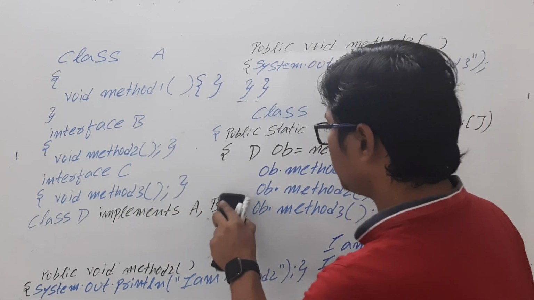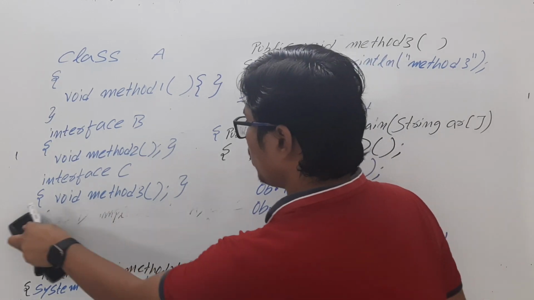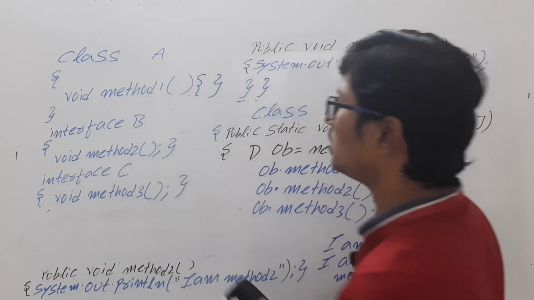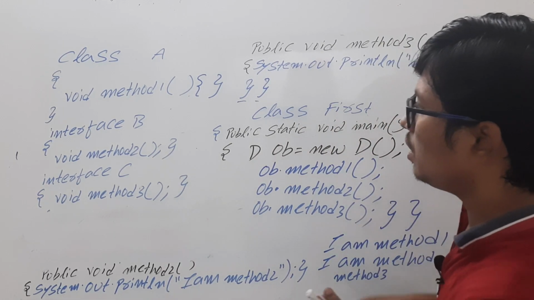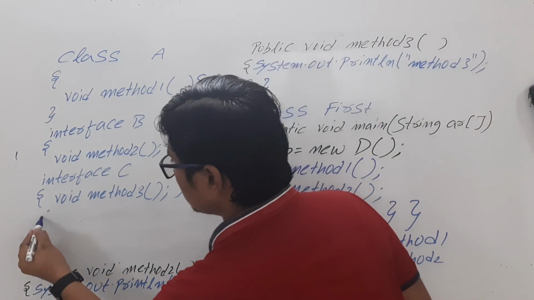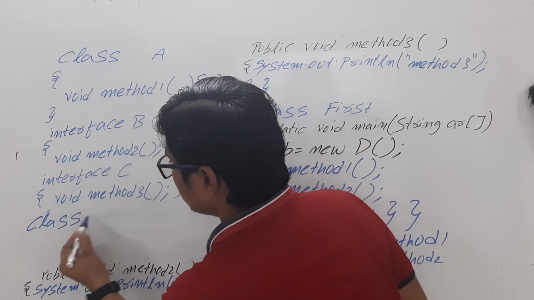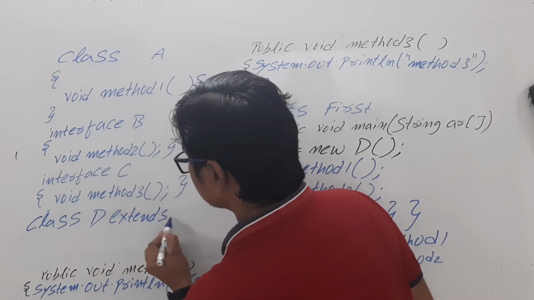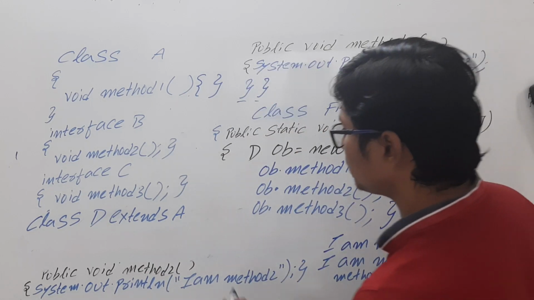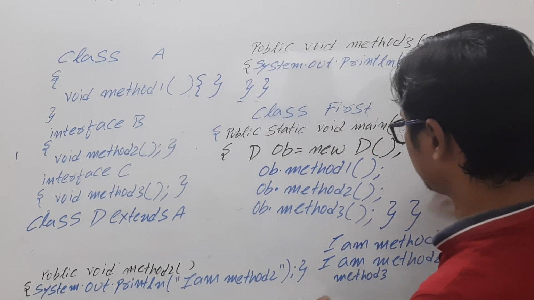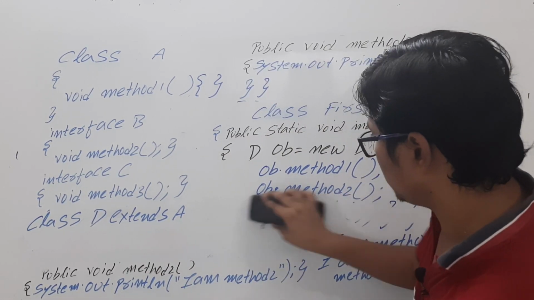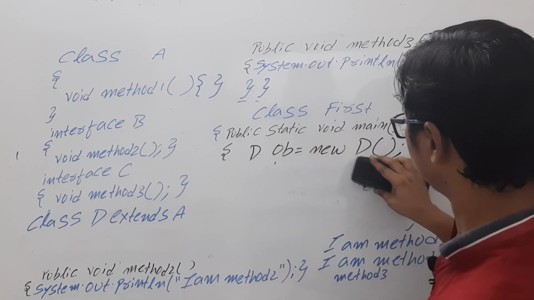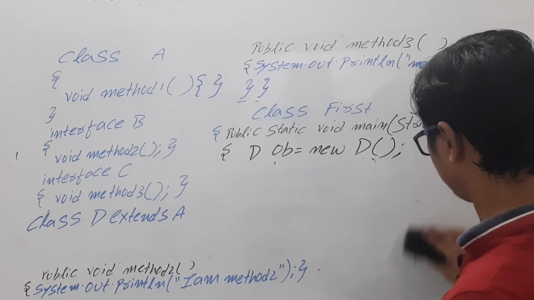Now one of them is a class and the other two are interfaces. So what you need to write is class D, first you need to write extends class A, then you need to write implements. Let me erase this so that we can use the space properly.